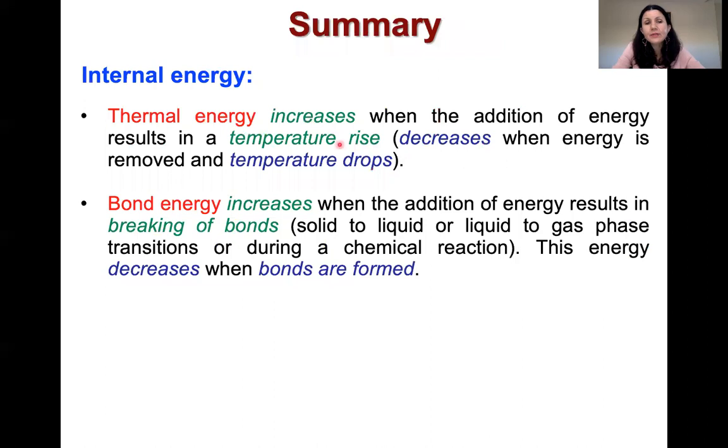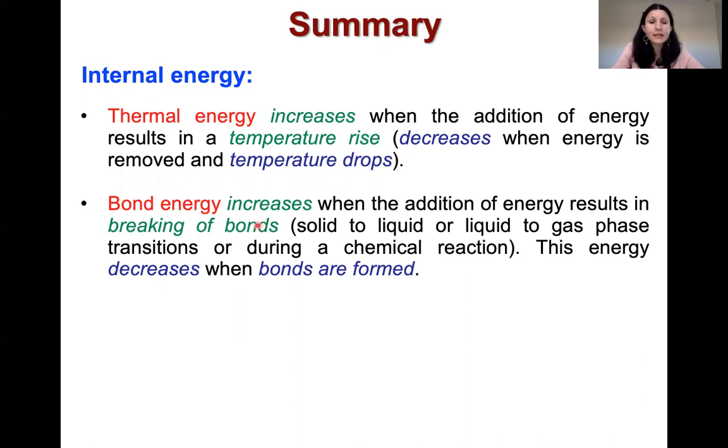You will see this vocabulary in discussion lab: we call temperature the indicator of thermal energy because it's something that you observe in order to conclude something about thermal energy. So if you're observing temperature increasing, you conclude that thermal energy increases, and vice versa. If you observe temperature decreasing, then you know that thermal energy will decrease.